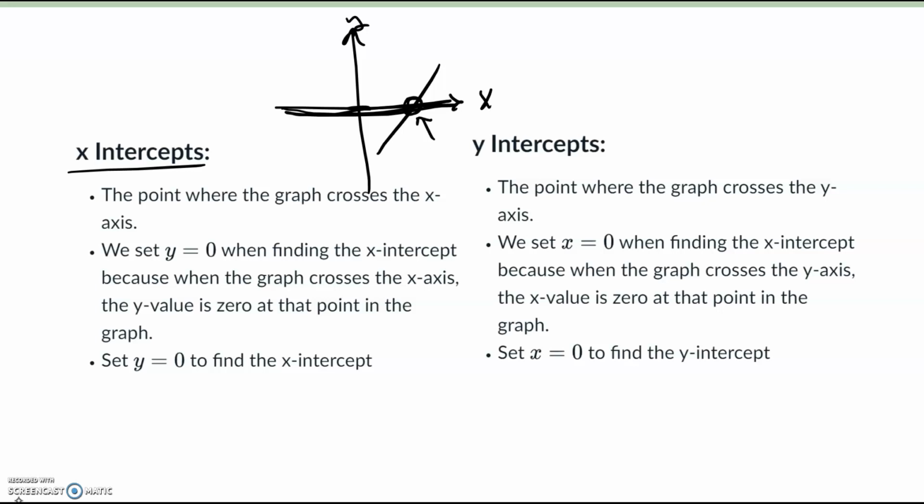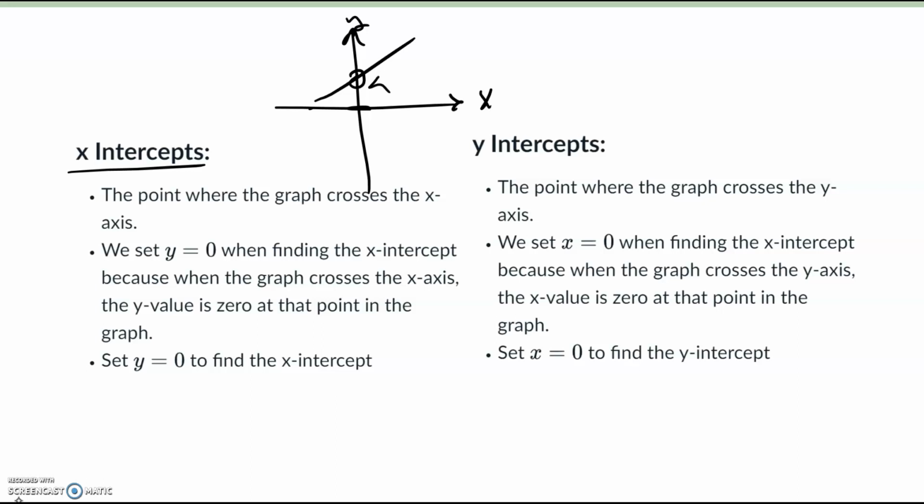Now your y-intercepts. Say we had a graph that crossed right here. Your y-intercept is the point where the graph crosses the y-axis.